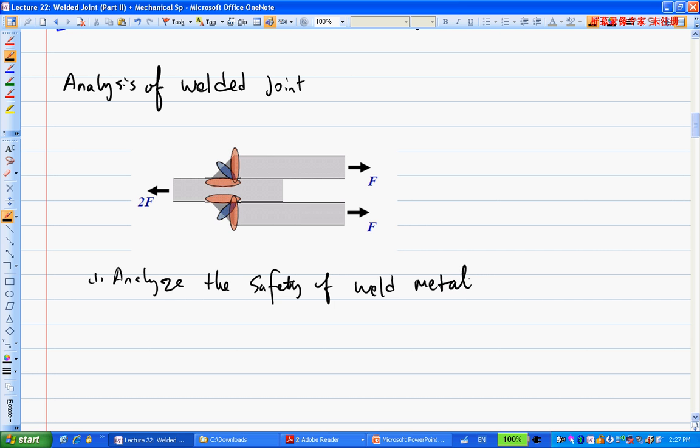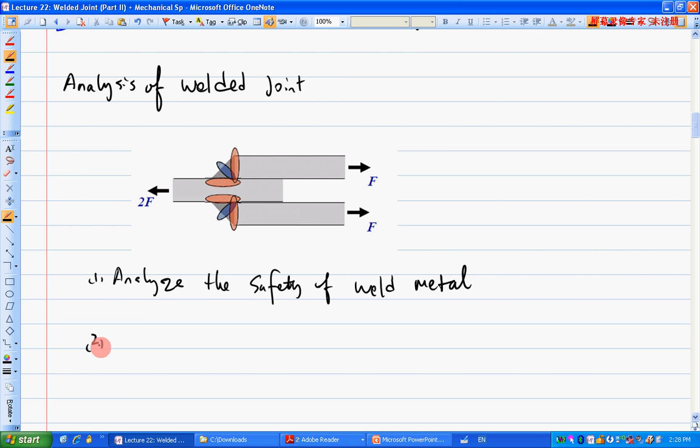What this means is, just look at the filler material that you picked. Is it going to be safe or not? They don't want you to look at the base material. You pick the filler material, and the filler material has a certain strength. Based on the loading, you have a certain stress. So, is the filler material a proper selection? That's basically one way of analyzing.